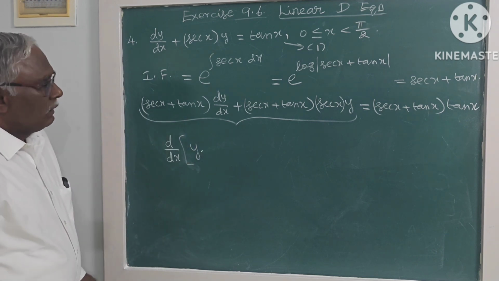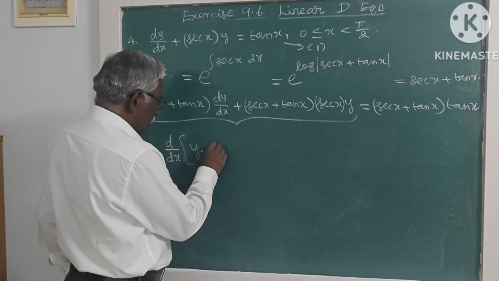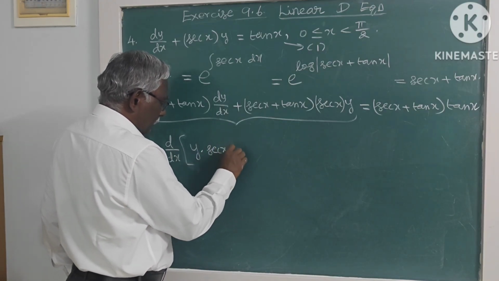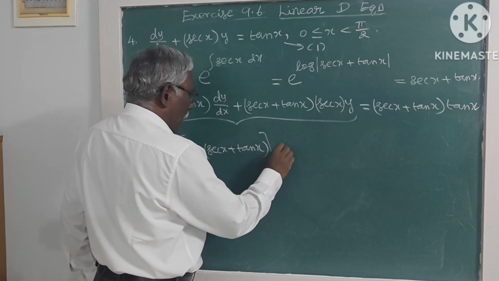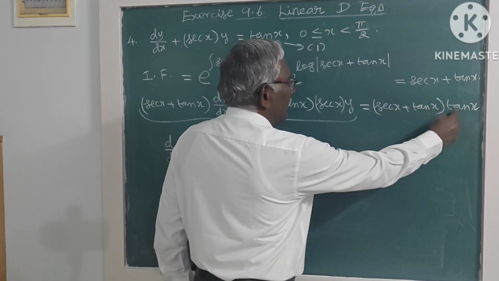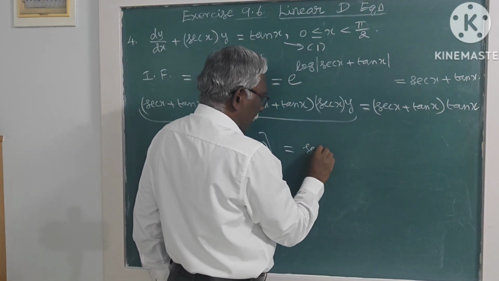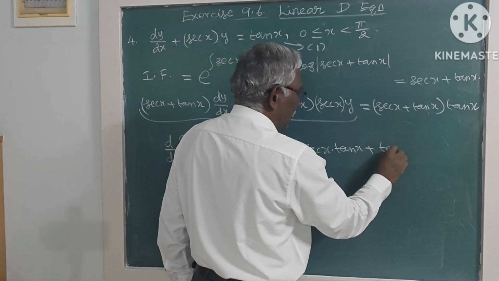Y into integrating factor is secant x plus tan x. So this is equal to, we'll multiply this secant x into tan x plus tan square x.